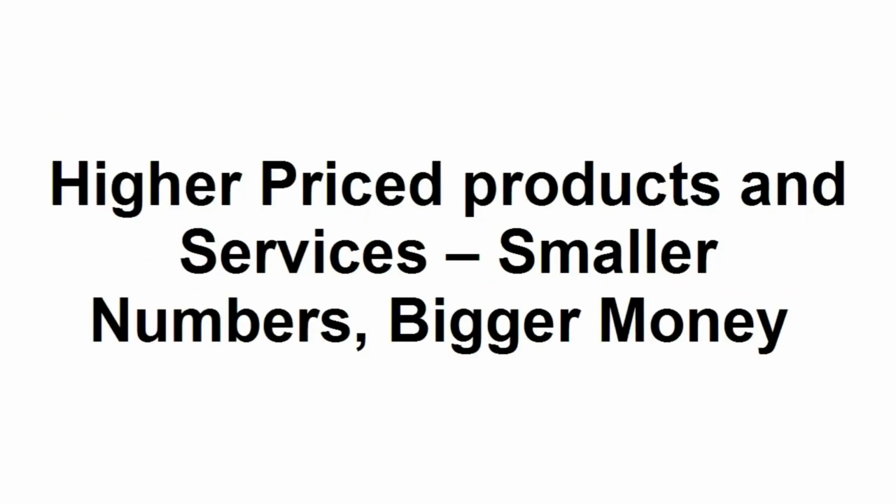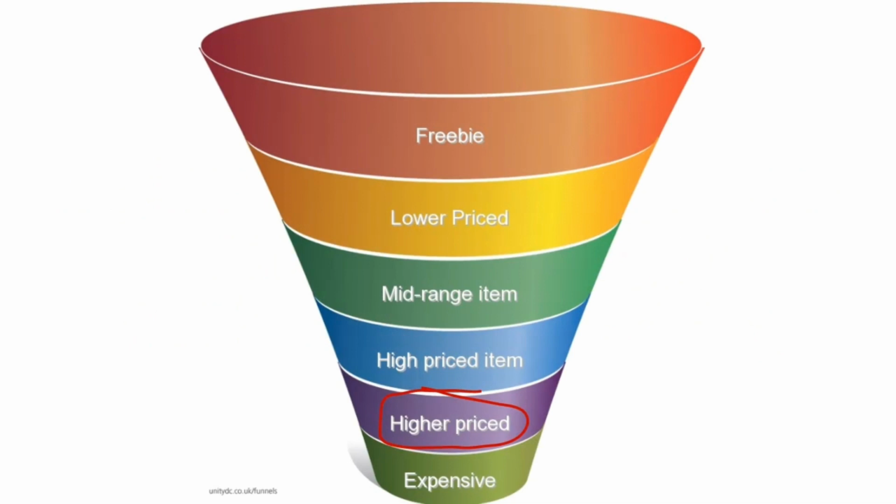When you reach the point on your sales funnel where you're selling your higher priced products and services, you're going to be selling smaller numbers, but you're going to be making bigger money. Now, this level comes pretty much the penultimate level to your sales funnel.